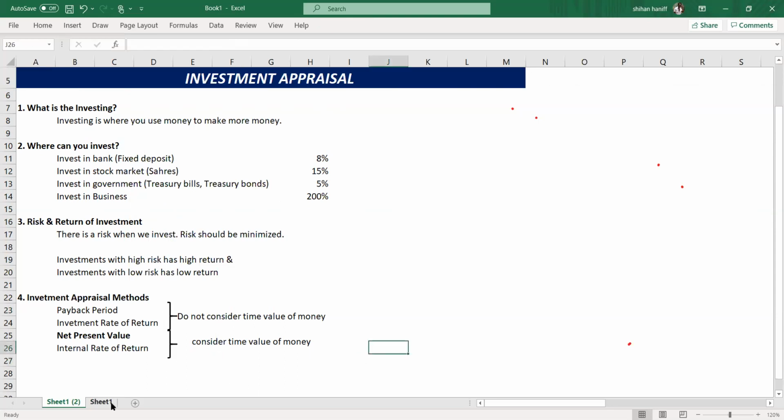Right. So let's start with payback period and accounting or investment rate of return. Investment rate of return, we call it accounting rate of return as well.